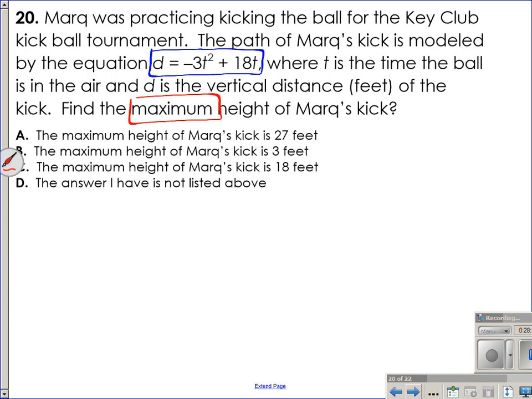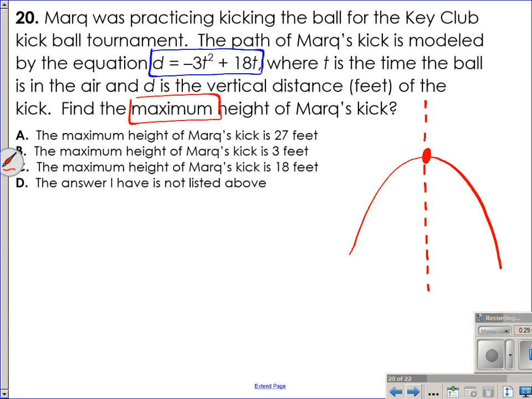So you need to think to yourself here, finding the maximum, what do you have to do? Well, if you think about or visualize the kick, the ball goes up and comes down. The maximum is found at the very top of that parabola, and it happens to be located on the axis of symmetry.